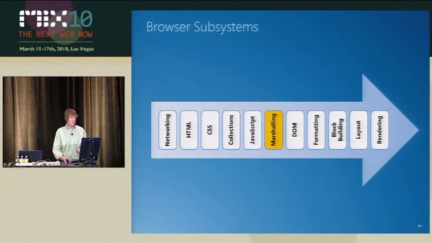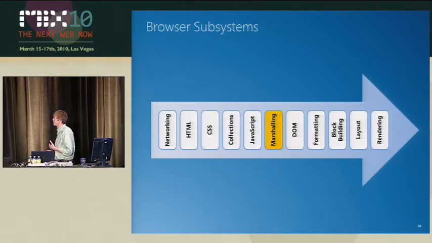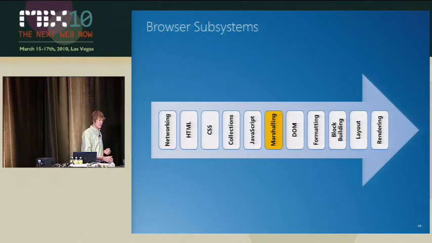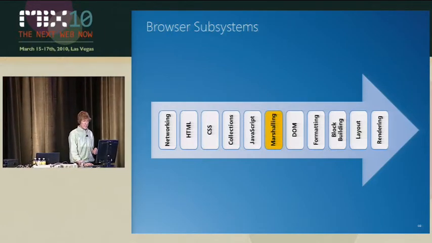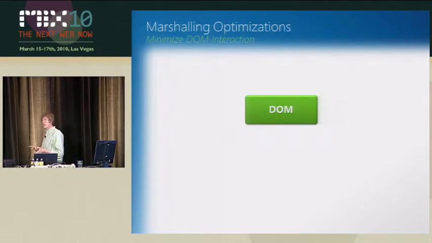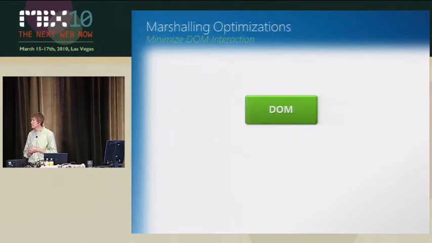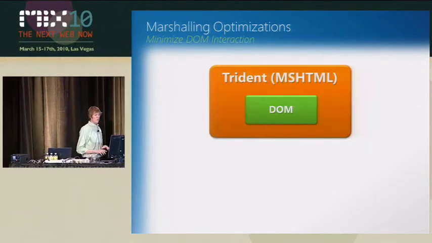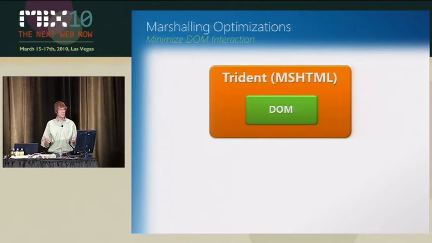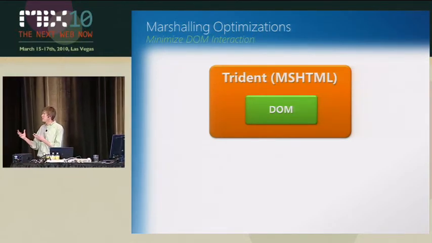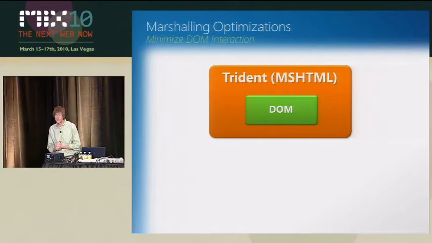The next subsystem that I'd like to talk about is marshalling. And I put together a slide that shows some of the architectural concepts of Internet Explorer that'll help understand marshalling. If you think about the DOM, or the document object model, the DOM is actually part of what we refer to as Trident, or MS-HTML, which is the standard web platform that's used by Internet Explorer.